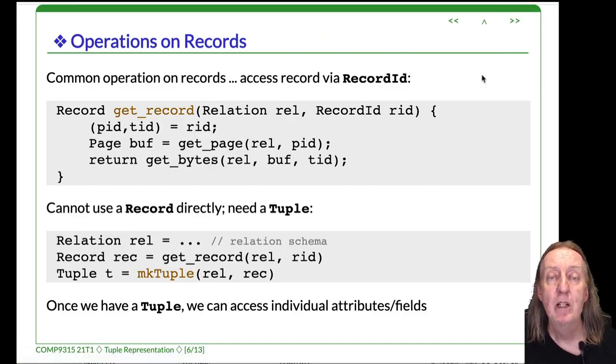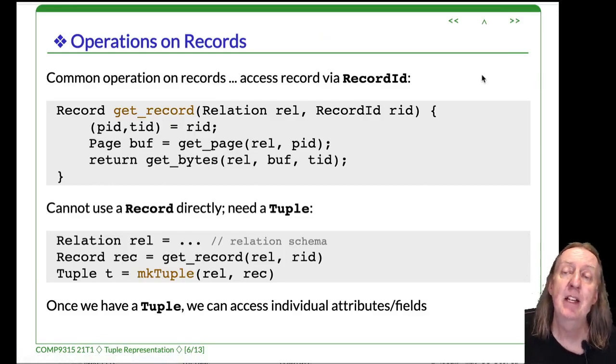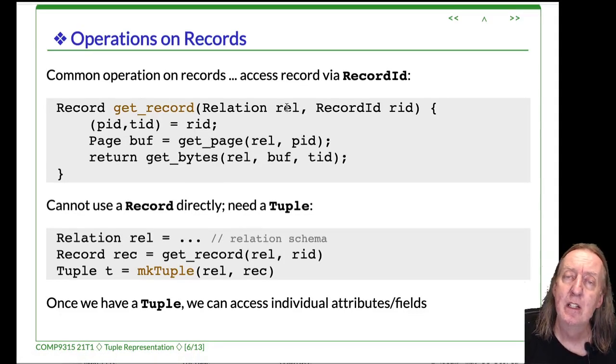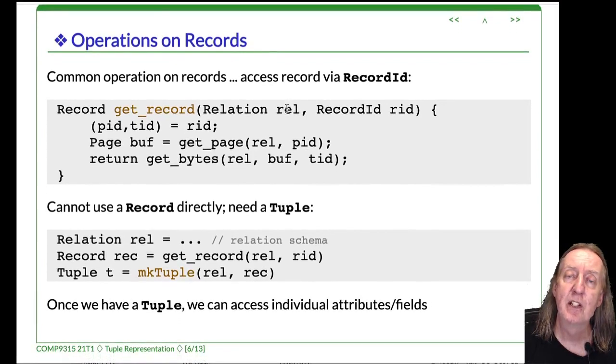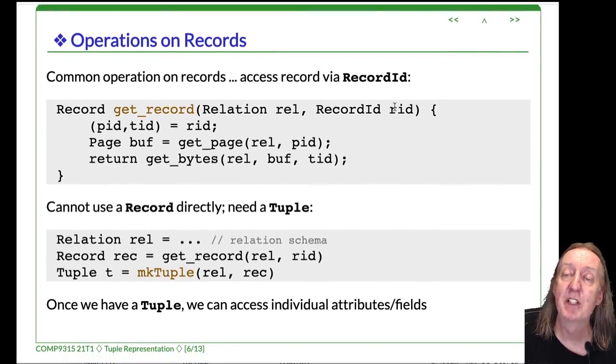Alright, so we need to get records from the database. I think I may have changed the interface here a little bit. I think in some of the earlier slides I had a relation ID as part of the record ID, but let's assume that we've got them separately. So we've got an open relation, we want to get a record from that relation.